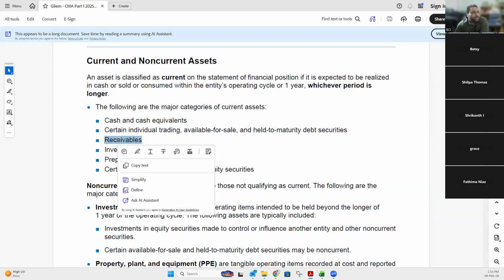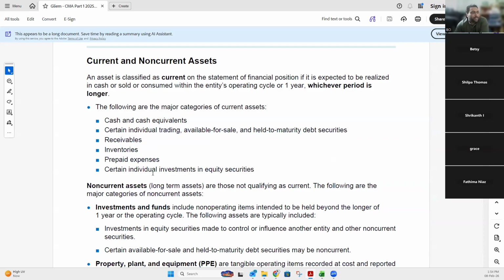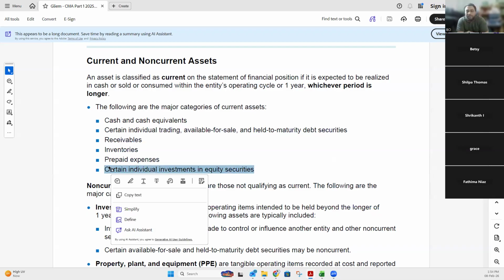Then come the receivables, inventories, prepaid expenses, then certain individual investments in equity securities. That means you have invested in some other company, but your intention was not to take control of it.